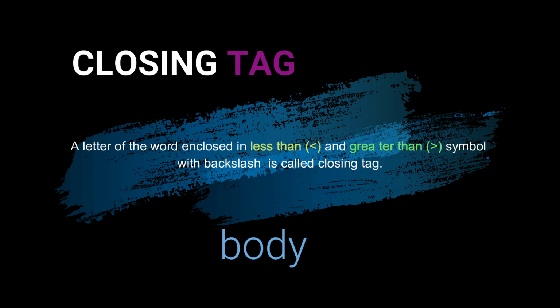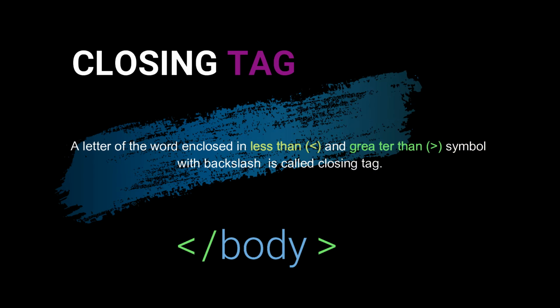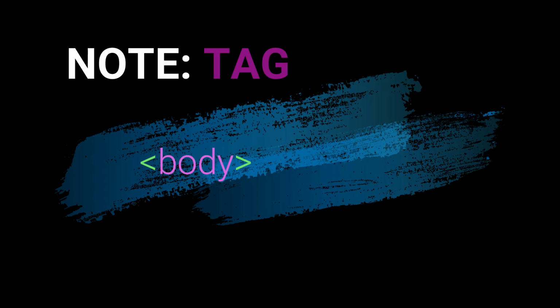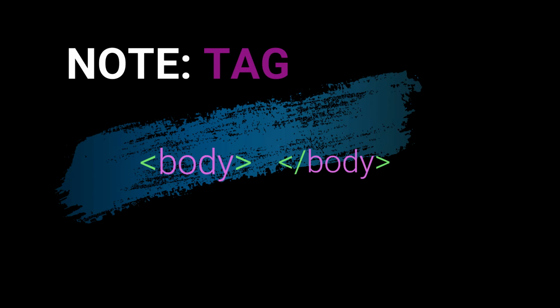A letter or word enclosed in less than and greater than symbols with a backslash is called a closing tag. Example 1, P letter enclosed in less than and greater than symbols with a backslash is called a closing tag. Example 2, HTML word enclosed in less than and greater than symbols with a backslash is called a closing tag. If you start a tag, then it should be closed.